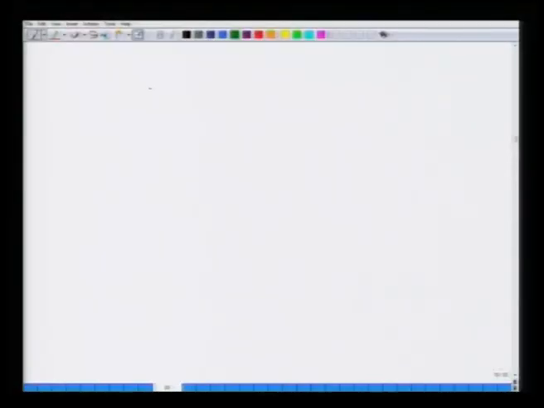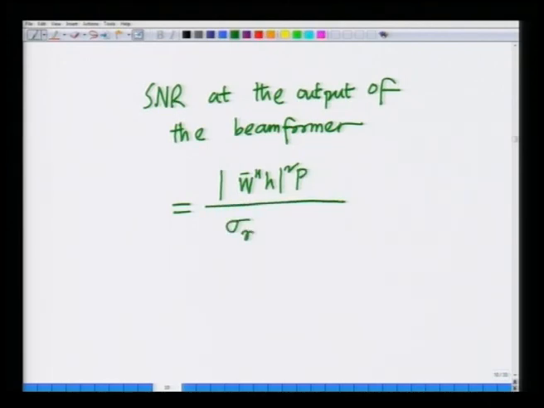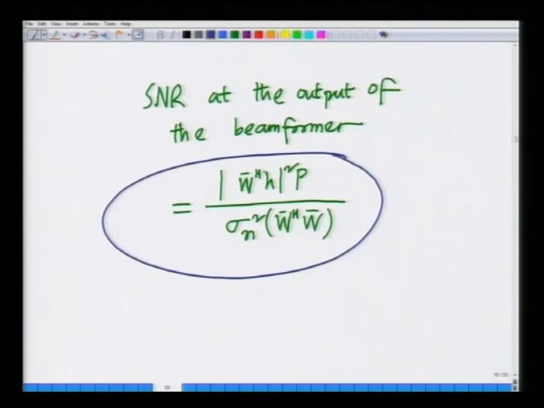Hence, the signal to noise ratio, SNR, at the output of the beamformer equals signal power divided by noise power, which is magnitude W bar Hermitian H bar whole square times P divided by sigma n square times W bar Hermitian W bar.